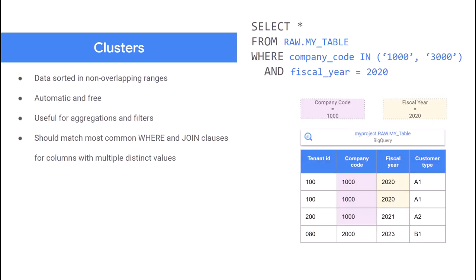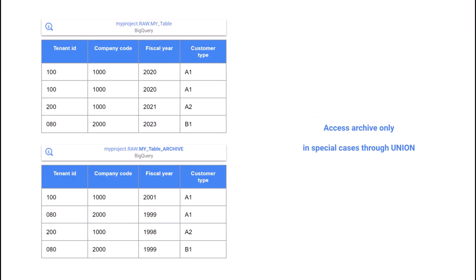Clusters will further reduce the scanning surface and are more relevant in reporting queries, where the filters and aggregations include multiple columns. You will also find that, in cases where you have more than a specific number of years worth of data, you do not need to have all of them available for reporting. It may be a good idea to split the larger tables and only tap the oldest part when it makes sense.